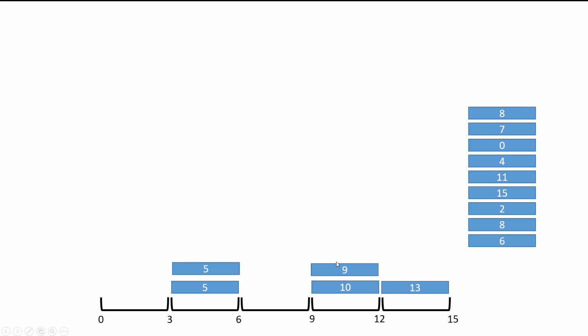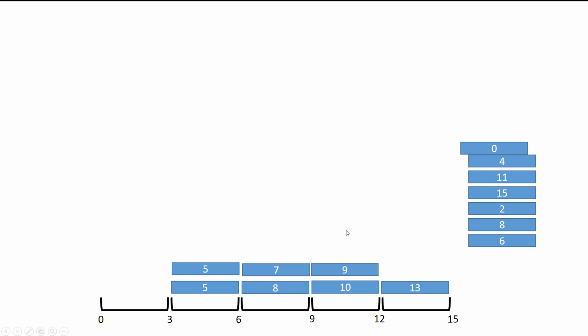In this one, you can see the first bin is actually going from 0 to 2.999, and this one is 6 to 8.999, so a value at the boundary goes to the bin above. Again, we're working with very simplistic bins at this point.